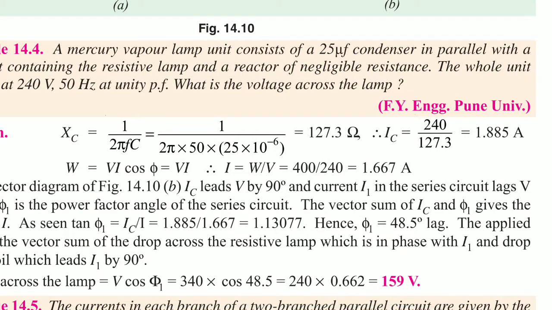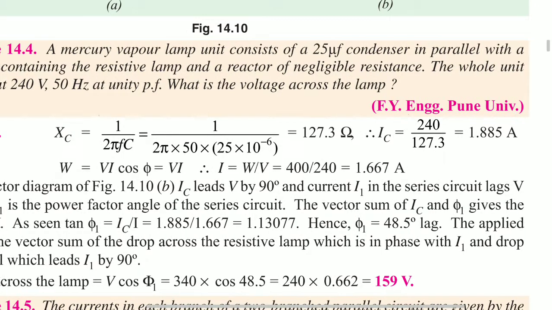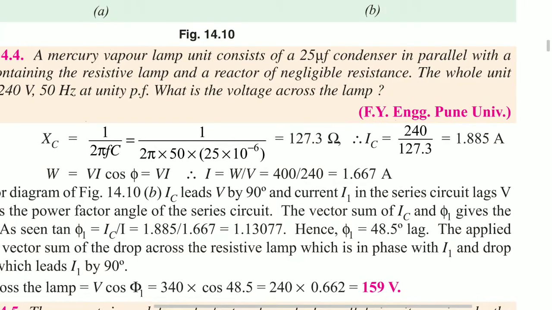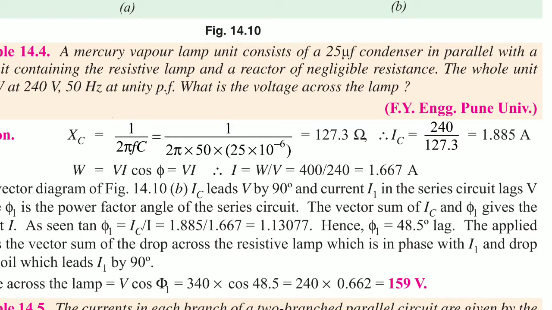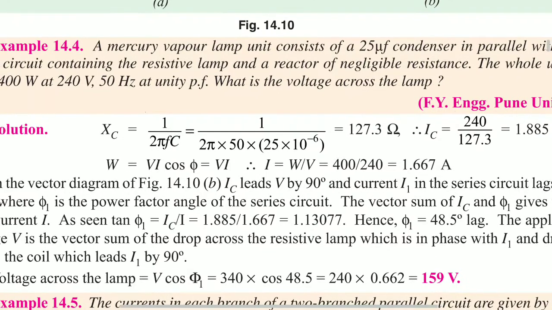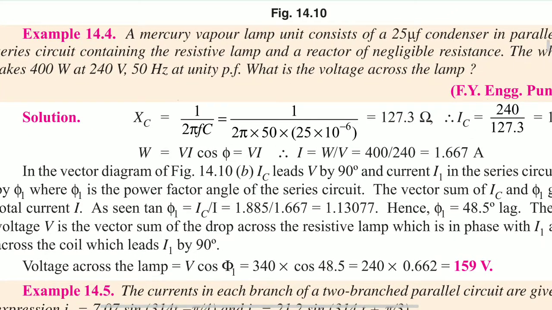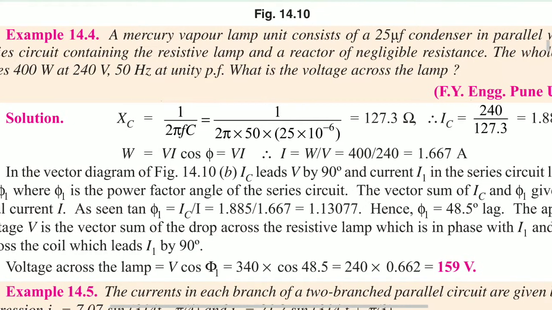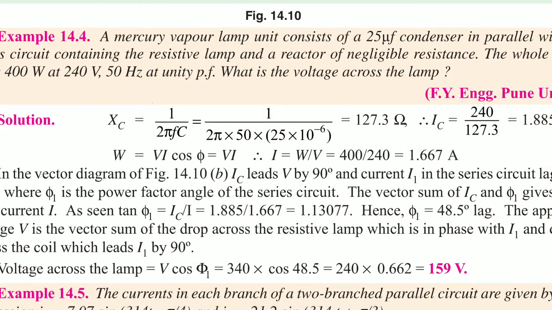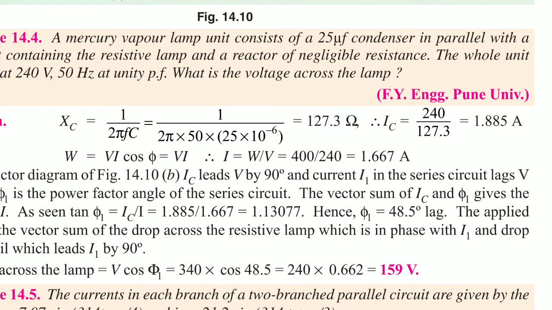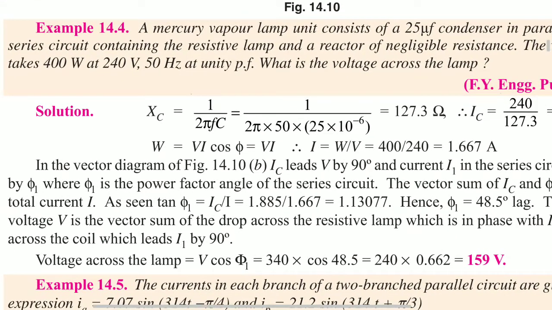So IC leads V by 90 degrees, and the current I1 in the series circuit lags V by phi 1, where phi 1 is the power factor angle of the series circuit. The vector sum of IC and I1 gives the total current.